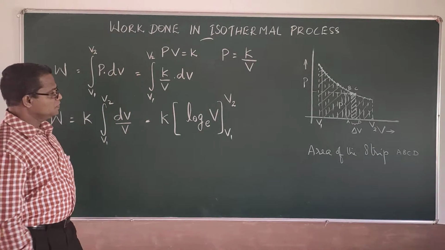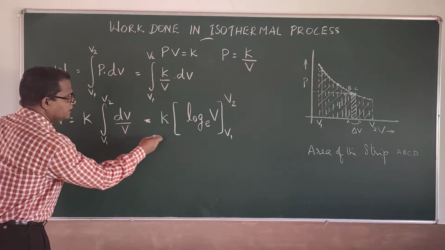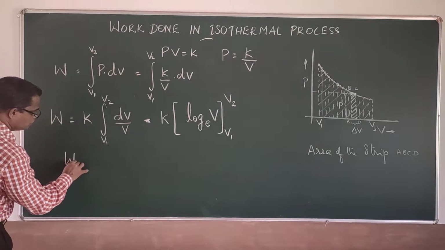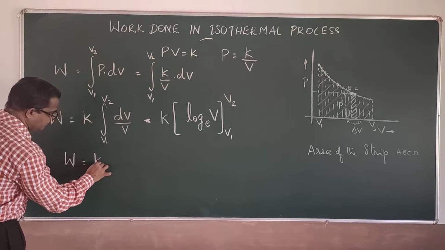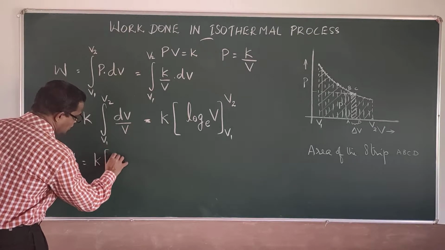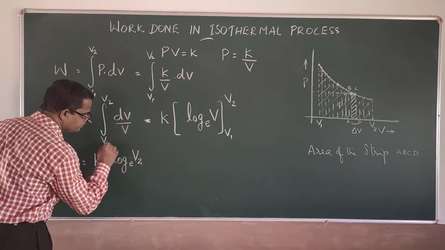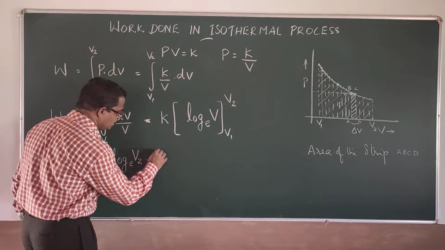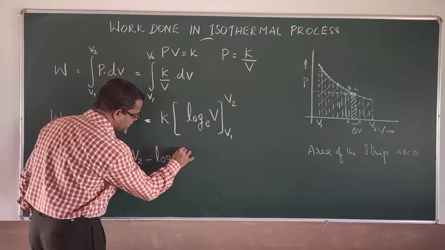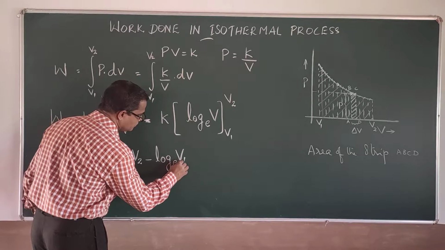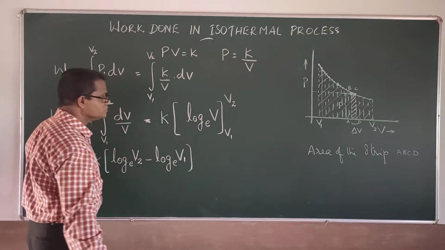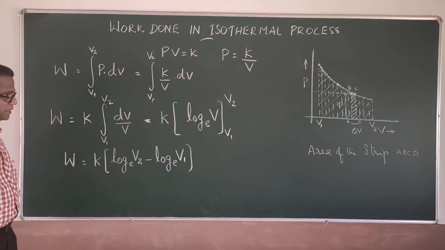Now this can be written again as W equal to, if I apply the limits, K into log V2, the upper value to the base E, minus log V1, the lower value to the base E. Upper limit minus lower limit.